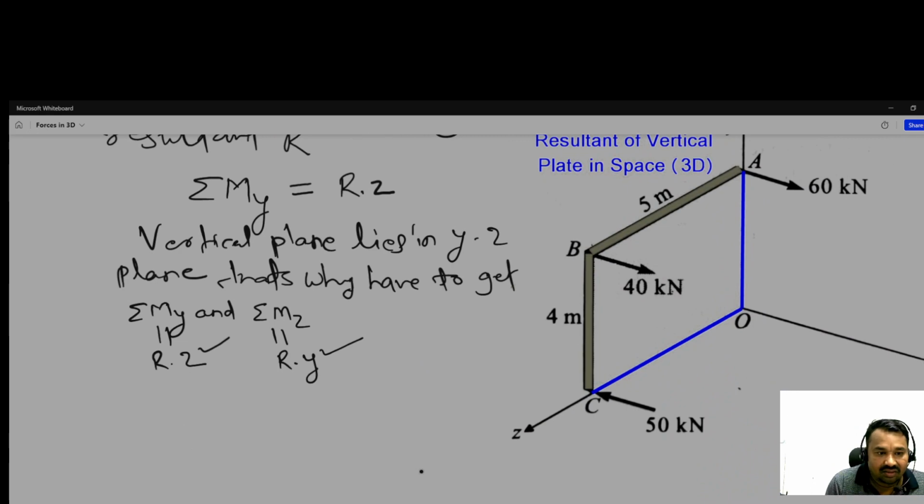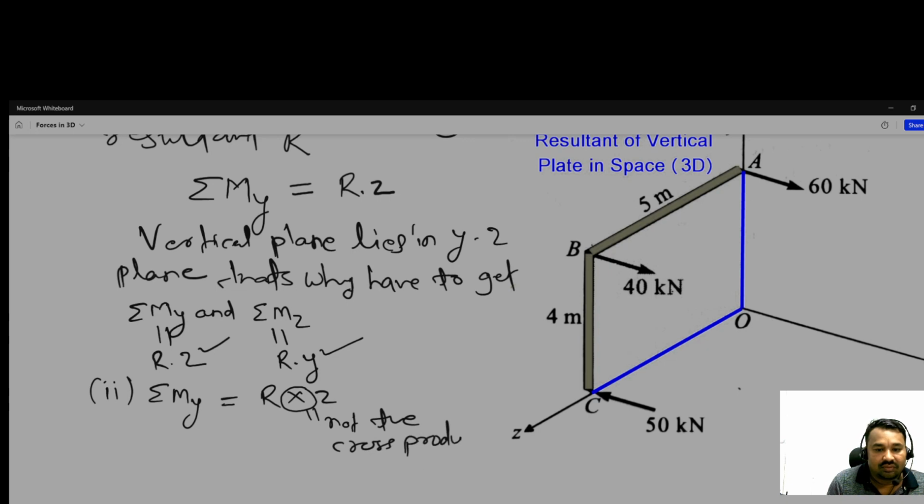So the second step is the summation of moment about y is equal to this resultant multiplied by z. And this is just a multiplication, not the cross product. You can also write R dot z.